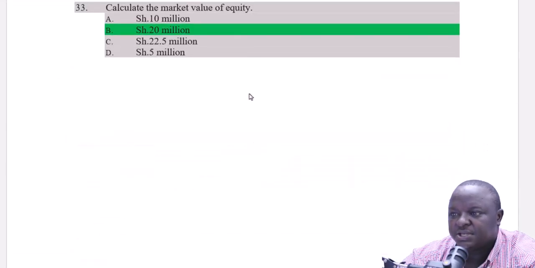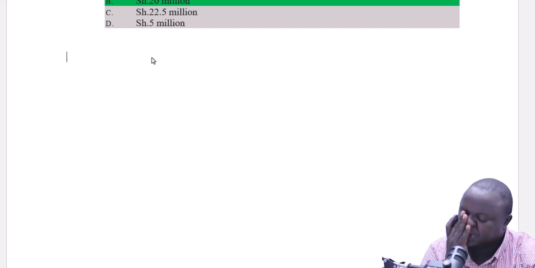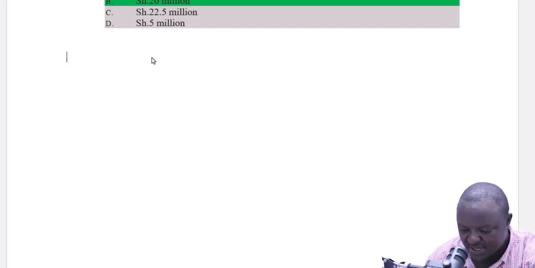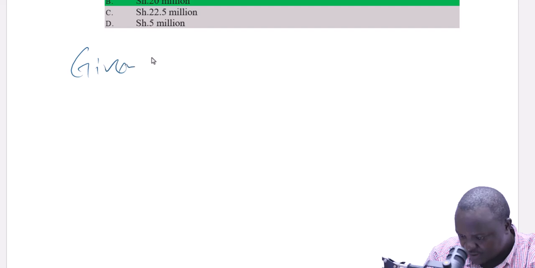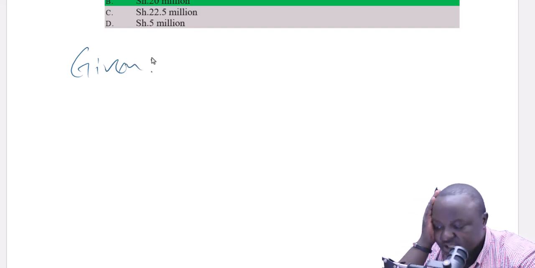Then number 33, calculate the market value of equity. Now, for us to calculate the market value of equity, we have been given the number of shares issued.